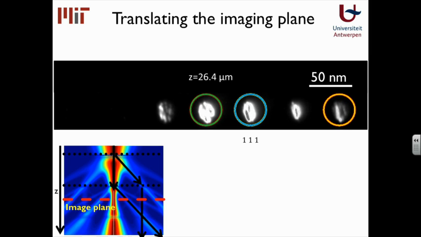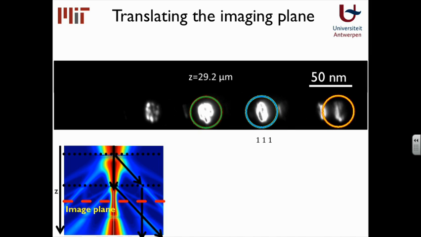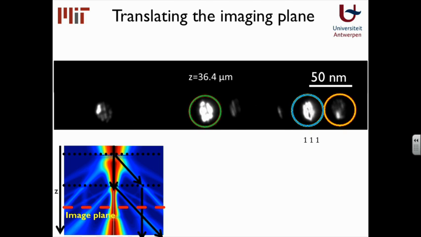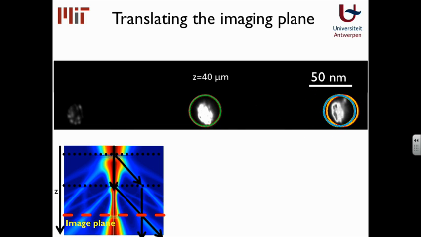So here in blue, I'm marking out the first order diffracted beam from the second grating. And at about 30 microns, which is midway from the interference plane to the second grating, the first order beam is about midway between the 0 order and the first order beam from the first grating, as you would expect.